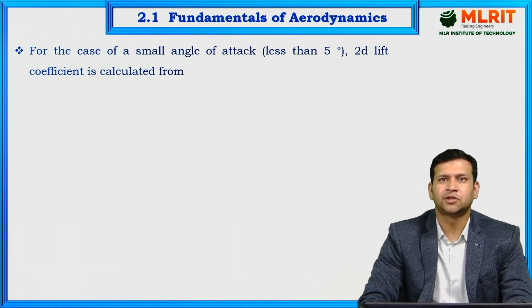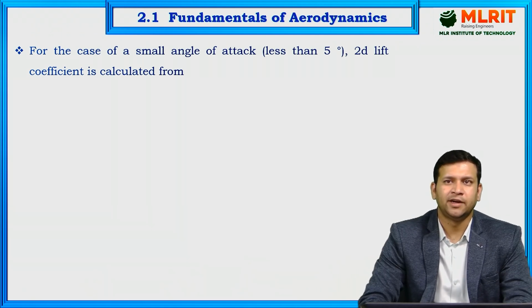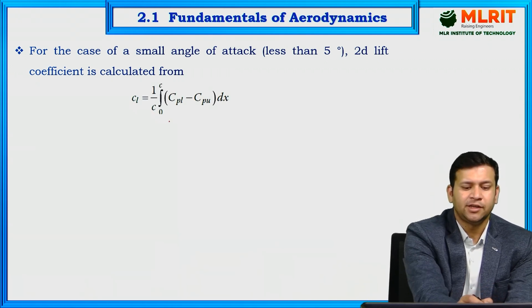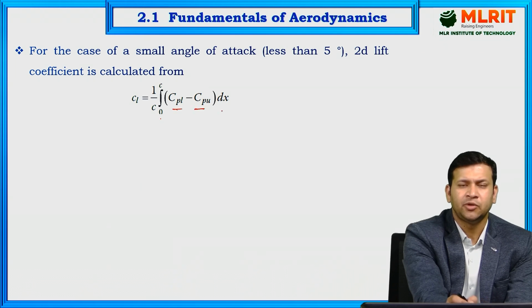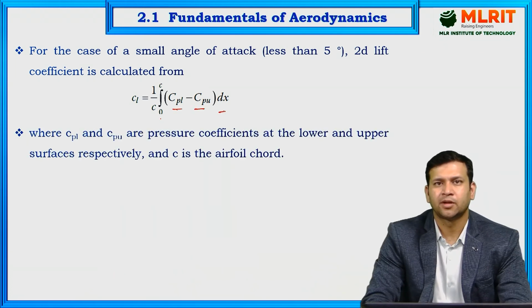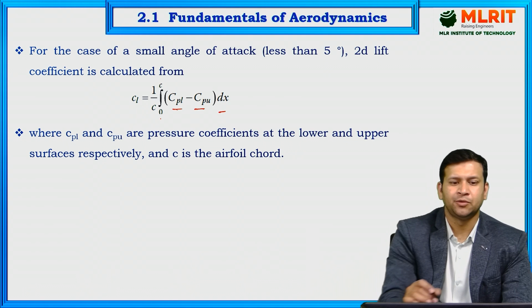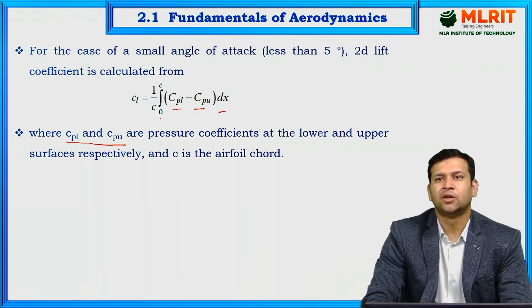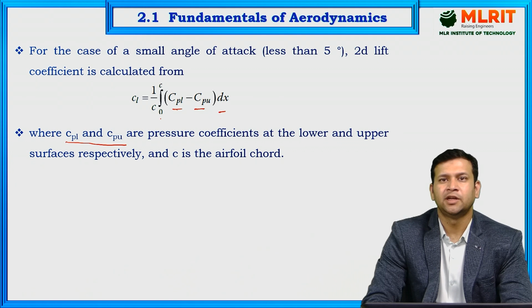For the case of a small angle of attack, less than 5 degrees, the 2D lift coefficient is calculated from cl equals 1 by C integral 0 to C of (CPL minus CPU) dx, where CPL and CPU are pressure coefficients at the lower and upper surfaces respectively, and C is the airfoil chord.